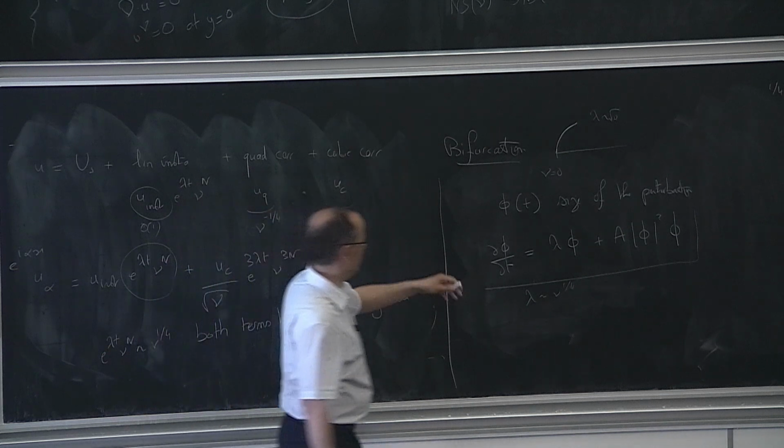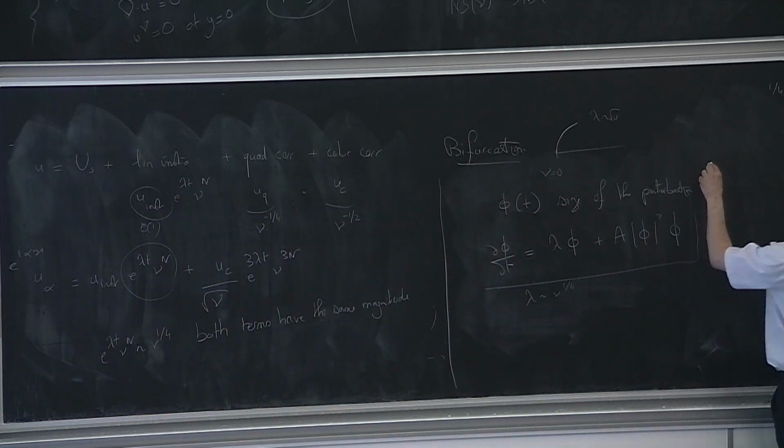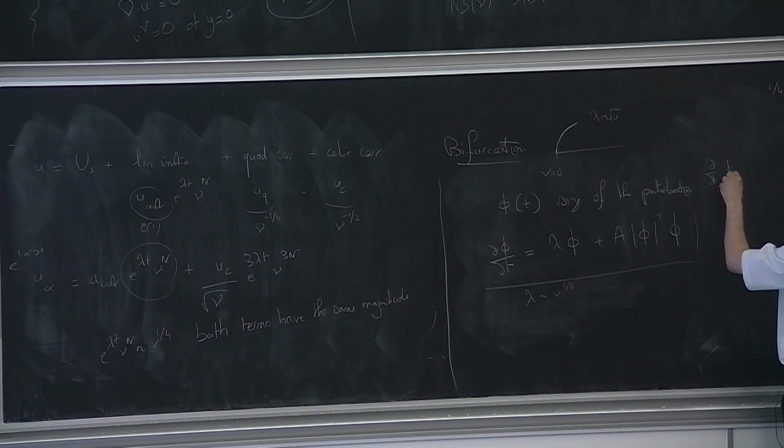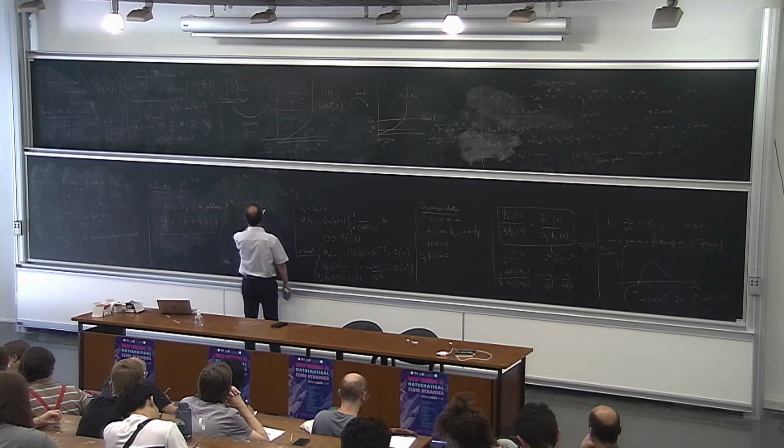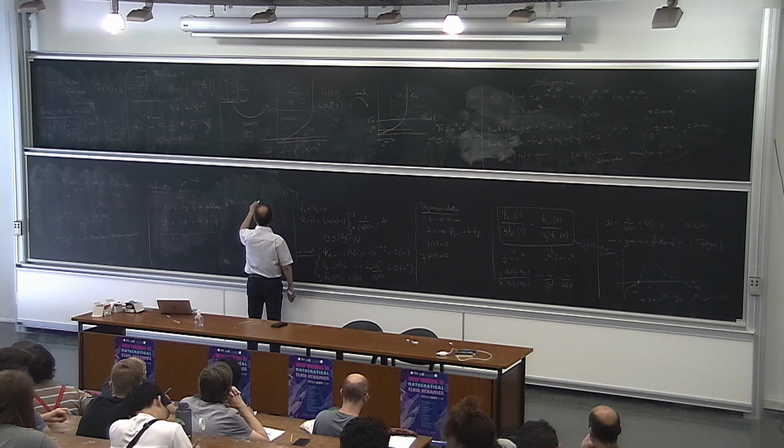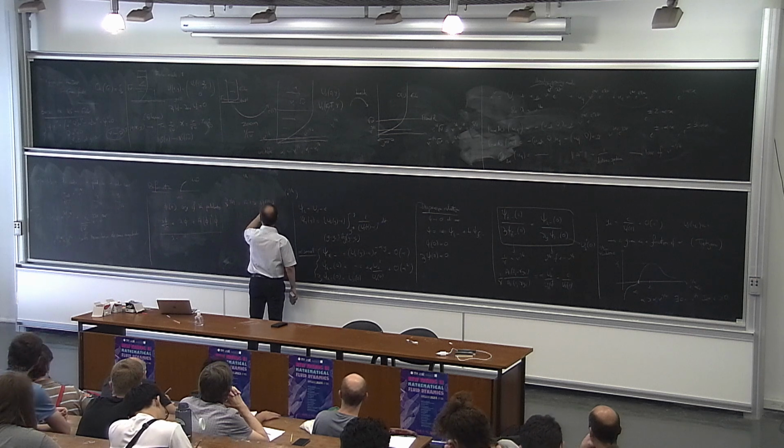Because then if you multiply by phi bar, you have d over dt of |phi|^2 should be something like the real part of lambda |phi|^2 plus A |phi|^2 times |phi|^2, or something like that.